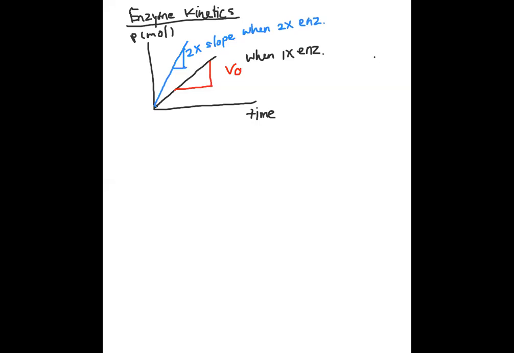The next graph that we are going to talk about is the graph of V over the concentration of the substrate. For velocity and concentration of substrate, you will get a hyperbola graph.